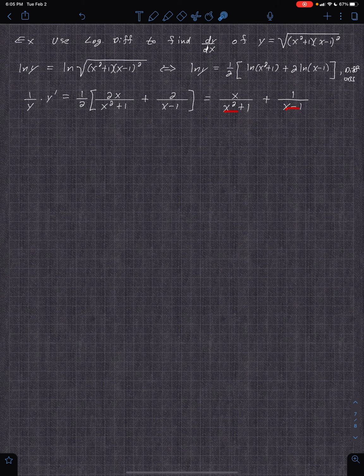LCD is that product, and that way we can simplify it a little bit further. So you get 1 over y times y prime equal to x times (x minus 1) plus (x squared plus 1), all over (x squared plus 1)(x minus 1).